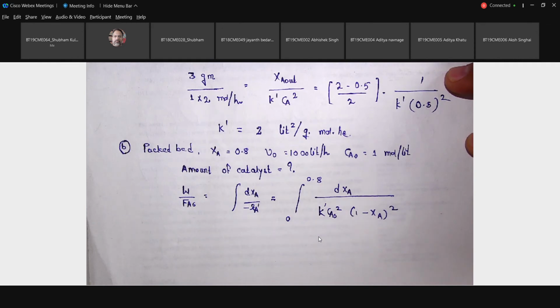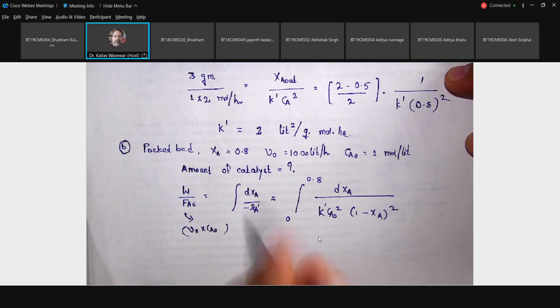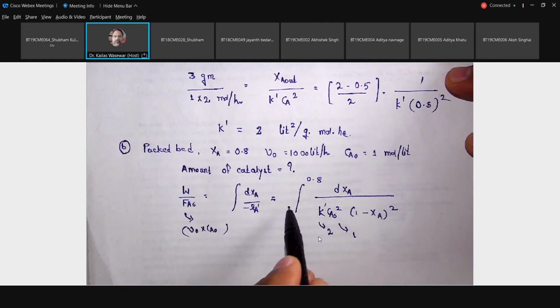You can do the integral and simplify it. FA0 is v0 into Ca0. K is known, that is 2, and Ca0 is also known, it is 1. So when you perform the integration, you will reach the value of W.